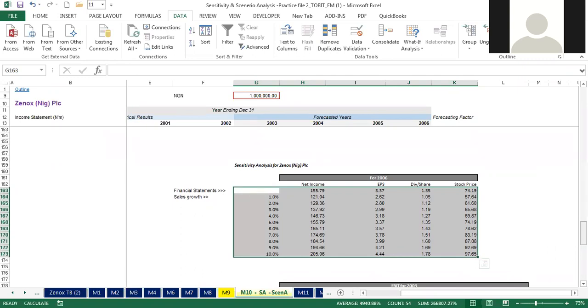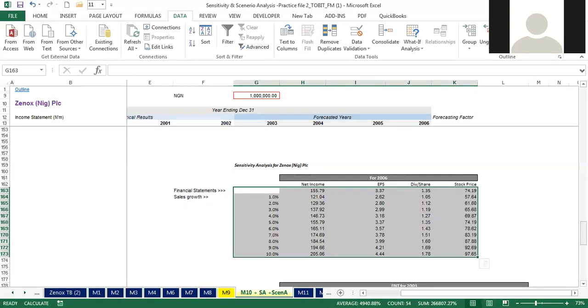If you are asked to do a sensitivity analysis, the question is clear now. The question says your management wants to see how net income, EPS, dividend per share, and stock price will change for 2006 for sales growth rate from 1% to 10% per year over the 3 years. Now you are told the requirement: create a one input data table to show this information. Underline that place.